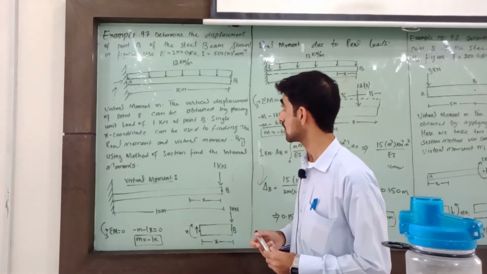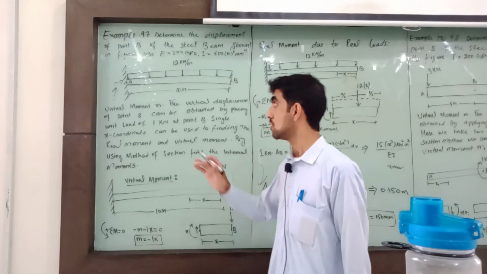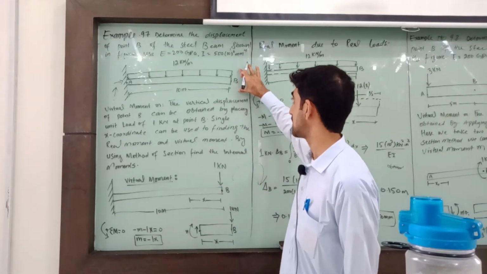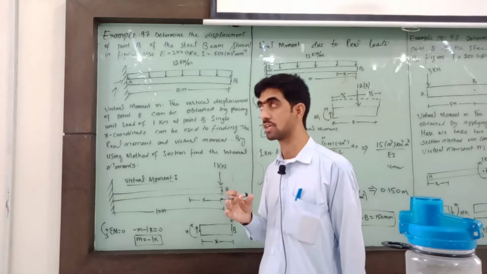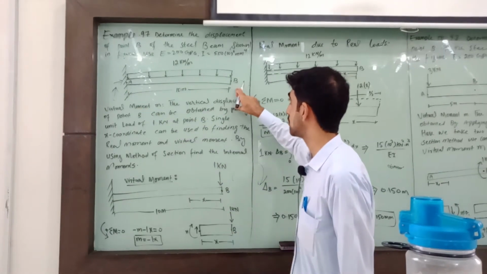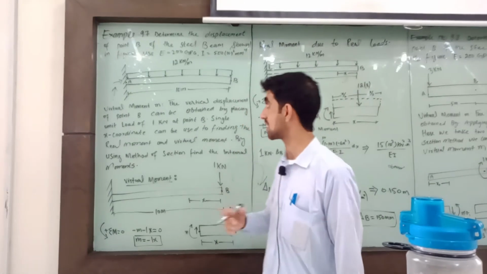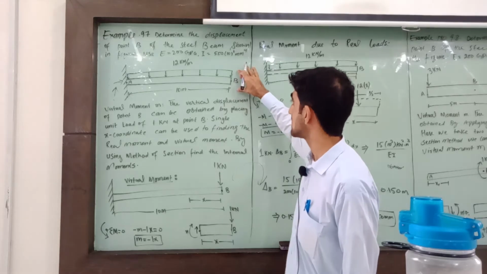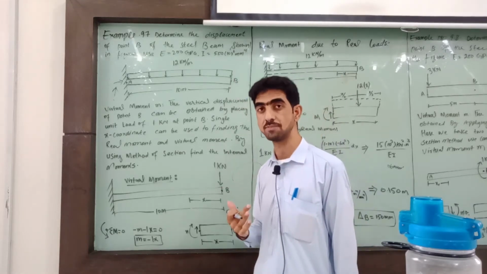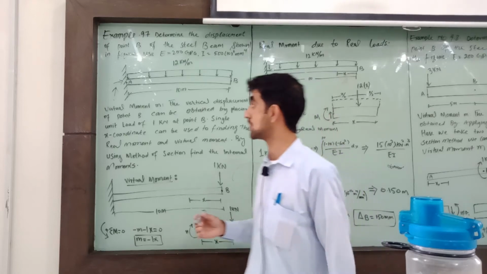Our target in this problem is to find the displacement of point B. This is point A, and this is point B. So what is required in this problem is the displacement of point B.